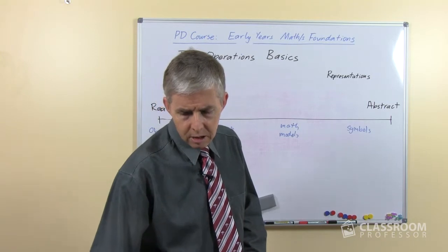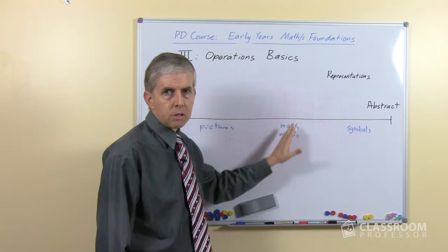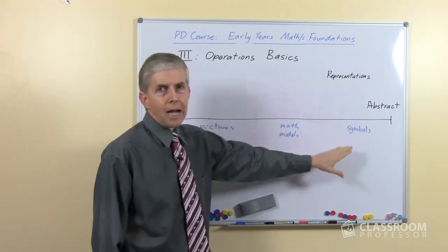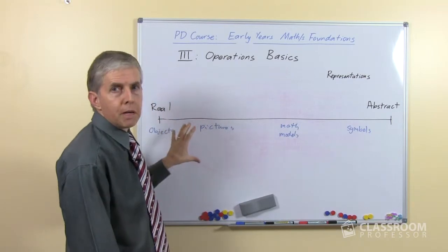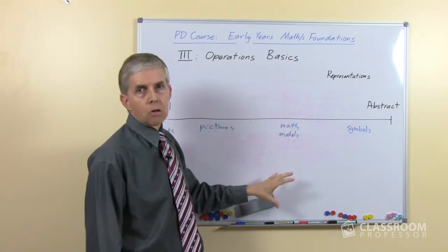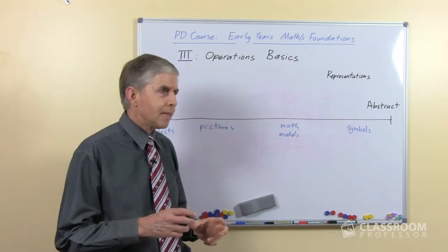So, as I've said in the notes, the classroom models, the math models that we use, the 10 frames and counters and so on, are a sort of halfway point between real-world mathematics and symbols. And so we use the models in a far more abstract sense.